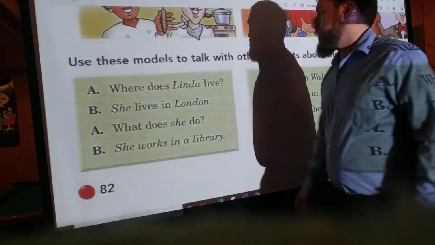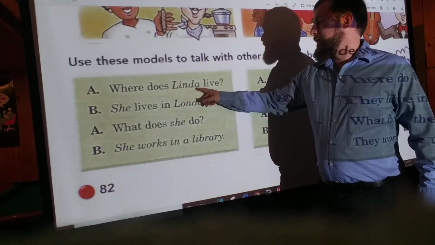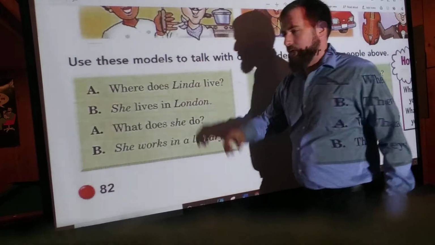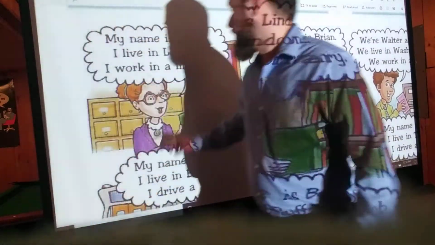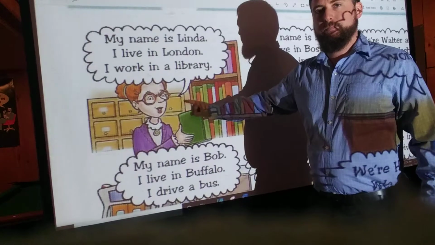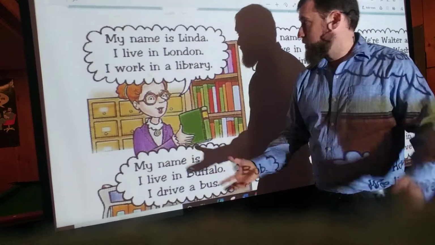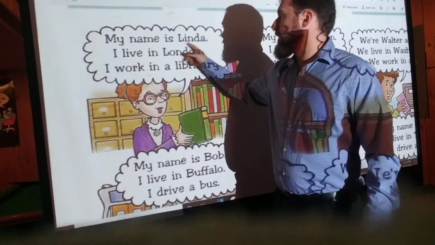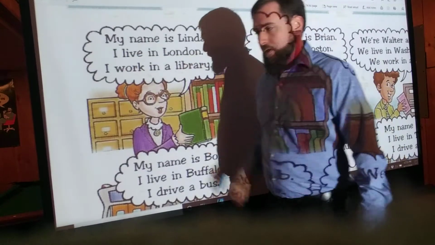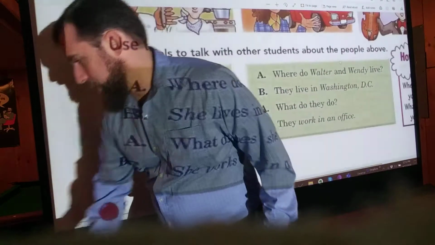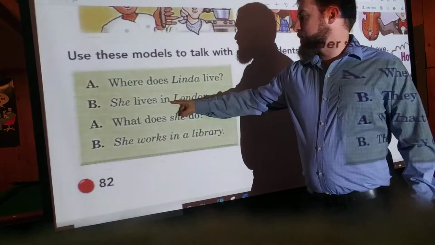Over here it says, where does Linda live? So let's look up here. You remember this one. This is Linda. Where does Linda live? Look here. She says, my name is Linda. I live in London. So the answer: she lives in London.